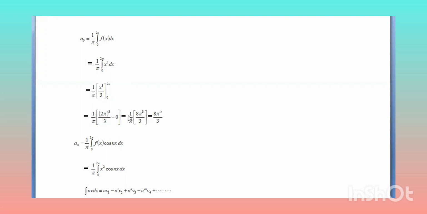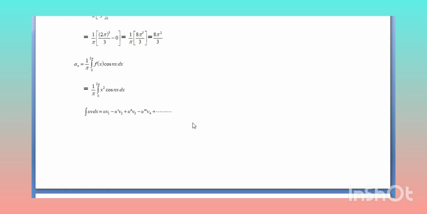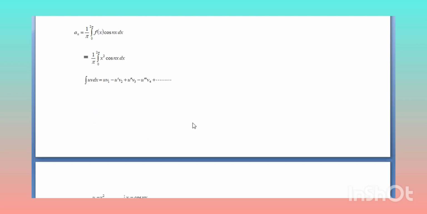So 1 divided by pi into 8 pi cube divided by 3, pi cube divided by pi will become pi square. So a naught is 8 pi square divided by 3. Next we have to find the value of an.